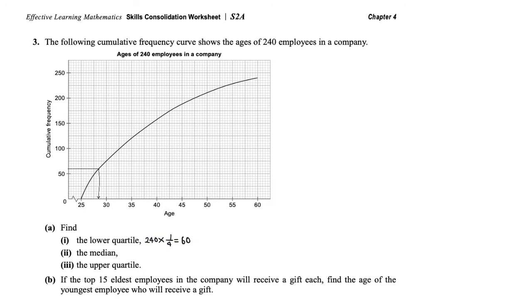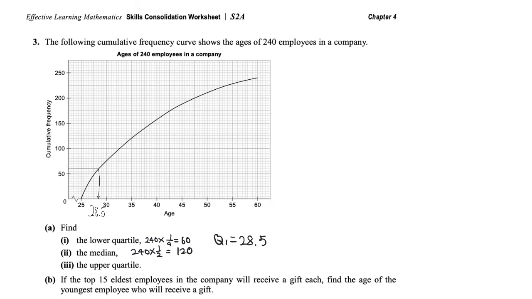According to the diagram, that will be 28.5, okay, 28.5. Okay, that means the lower quartile will be equal to 28.5 years old, and then for the median, that will be 240 times 1/2. So once again, you just have to draw it here, and then look for it.